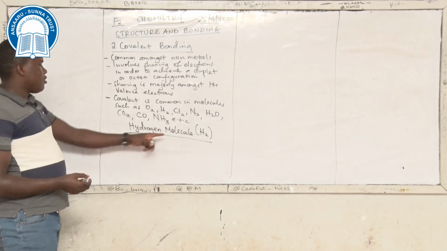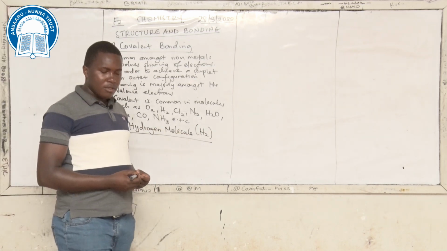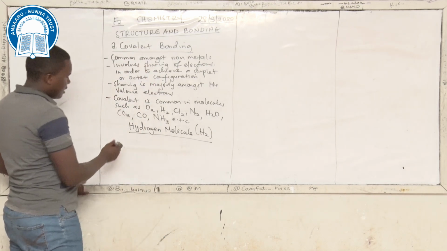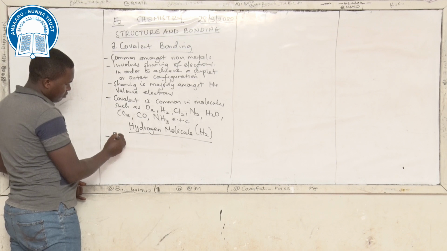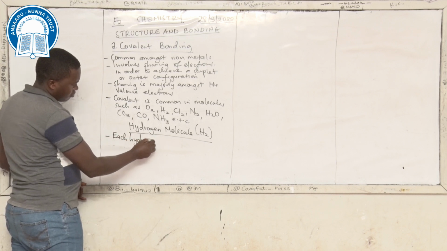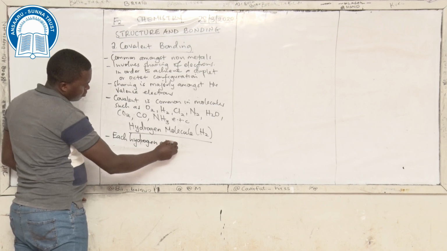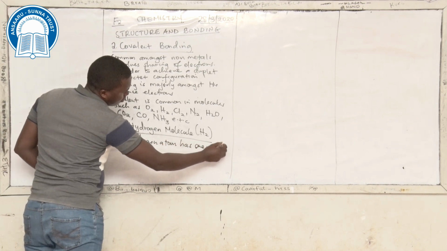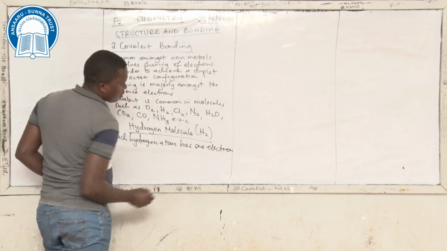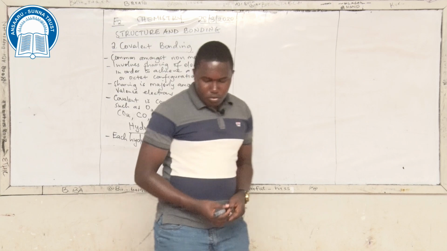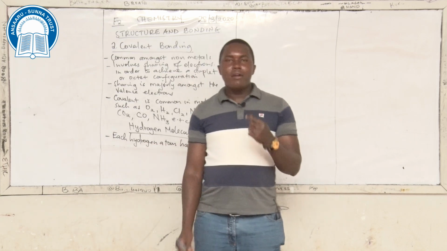In the hydrogen molecule, we have two hydrogen atoms that are bonded covalently, and you know that each hydrogen atom has one electron, and therefore for the hydrogen atom to be stable, they need one more electron.